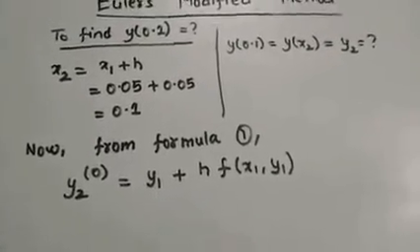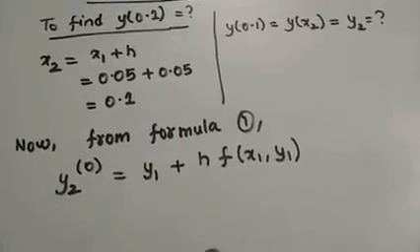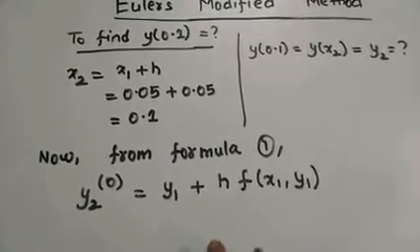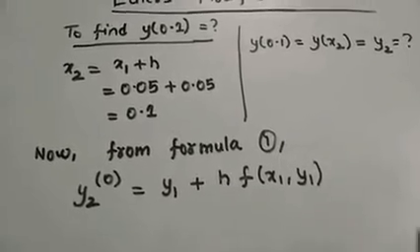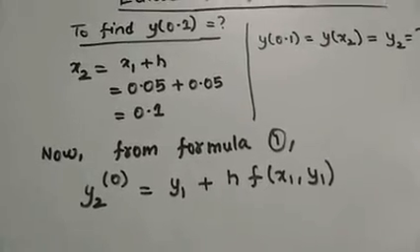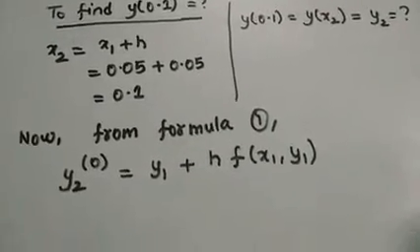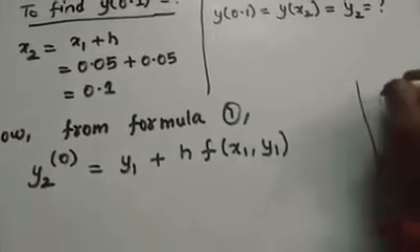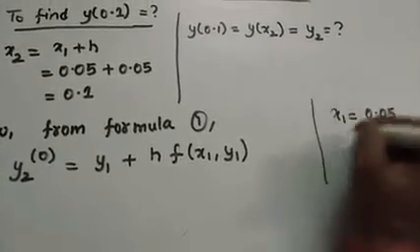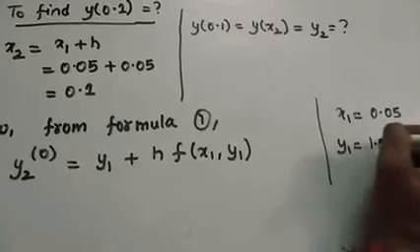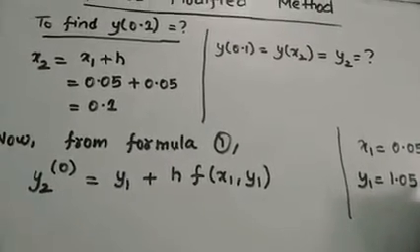Now first of all the y1. Now the most important thing, what will the y1 value be here? Remember the last conclusion of the previous part: for x1, 0.05, the y1 value was 1.0526. We will use this value only.